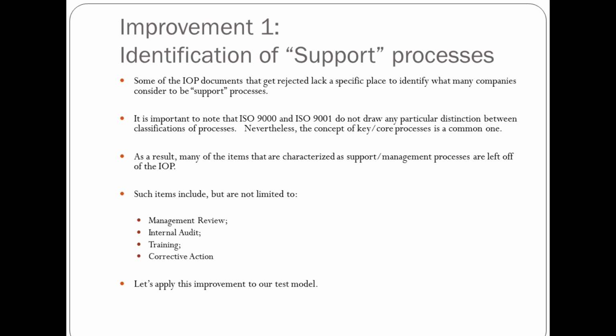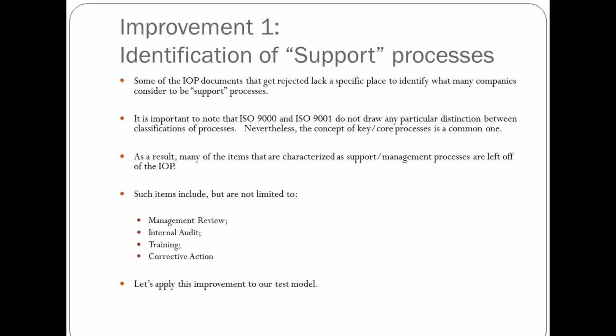Now, we'll make a note here that both ISO 9000 and 9001, neither of those standards draw any particular distinction between classification of processes. But we do see that a number of our clients have a ranking system: key processes, core processes, and then support processes.